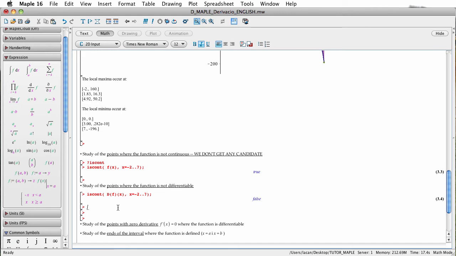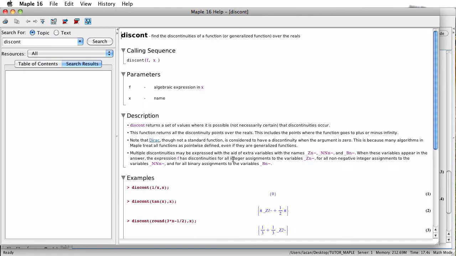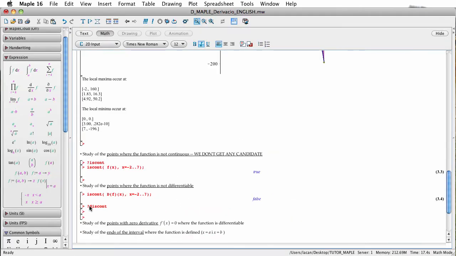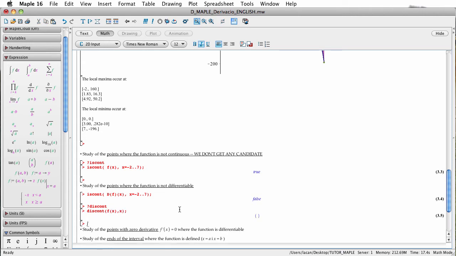How do we compute the points? So we use the command iscont. So if you go to the command iscont and copy, this command tells you where the discontinuities are. Instead of 1 divided by x, we have this function. Sorry, we are not going to look for the discontinuities of the function, but about the derivative.